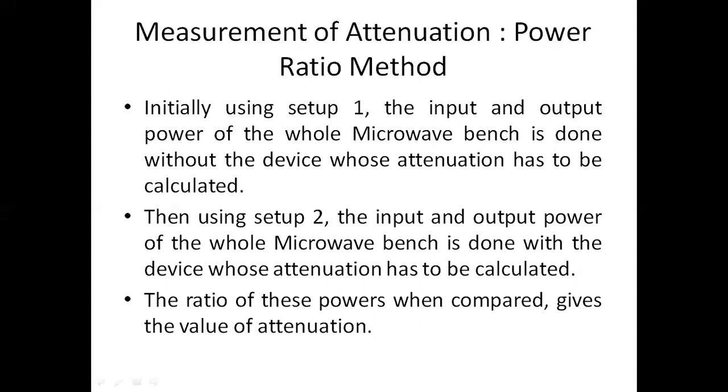Initially, using setup 1, the input and output power of the whole microwave bench is measured without the device whose attenuation has to be calculated. Then using setup 2, the input power and the output power of the whole microwave bench is measured with the device for which the attenuation has to be calculated.